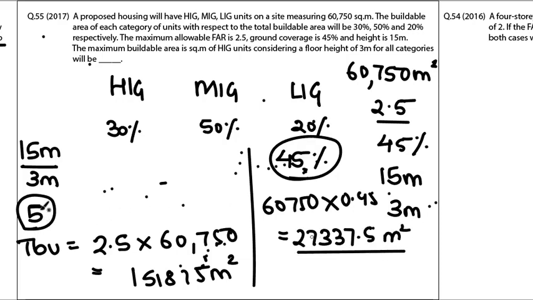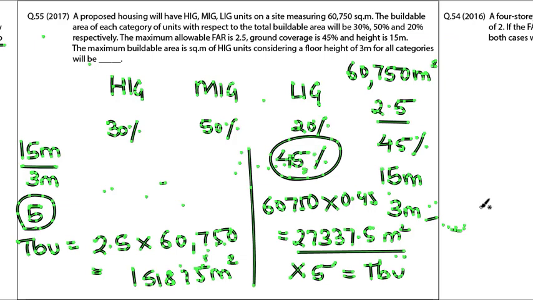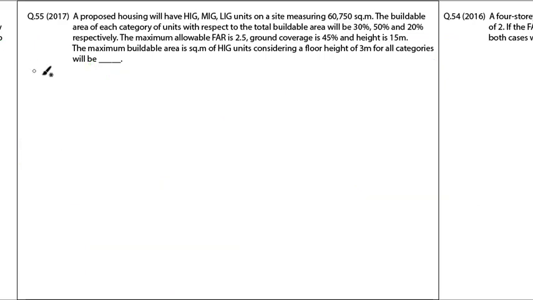But we have 5 floors. So into 5 will give me the total built up area, right? Because total built up area is equal to ground coverage into number of floors. So let me delete this. So we got total built up area is equal to ground coverage into number of floors.